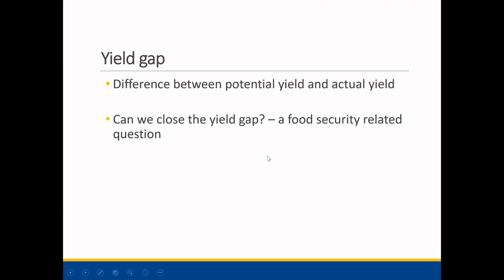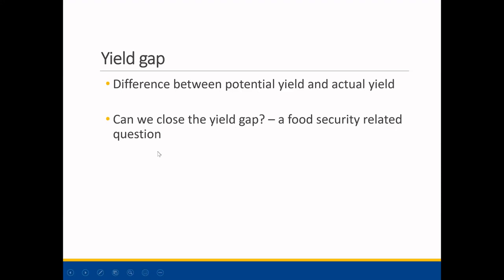Yes, that's correct. Because when we put the crop in the field, there will be a lot of stresses, so there's always yield reduction. Because of that, actual yield will be lower than the potential yield, which is a hypothetical yield that could be larger. We call this gap the yield gap.